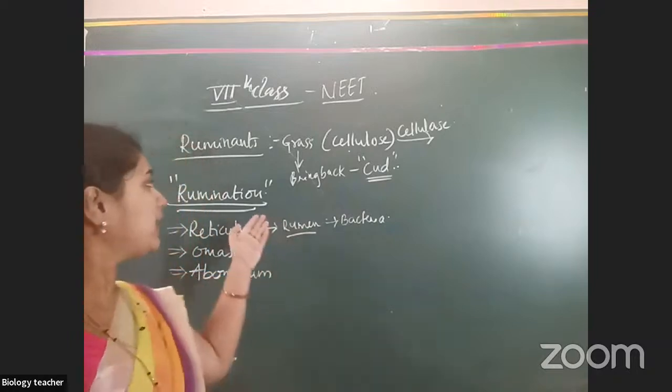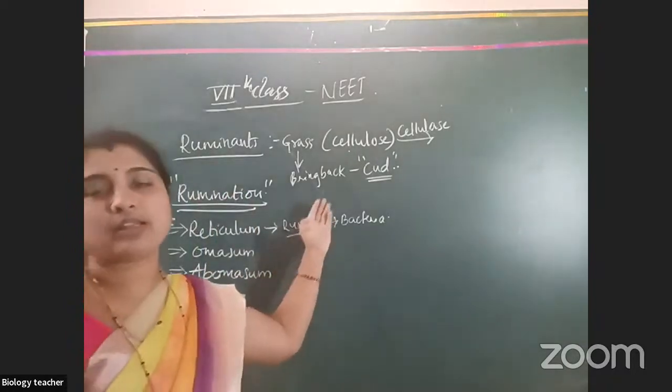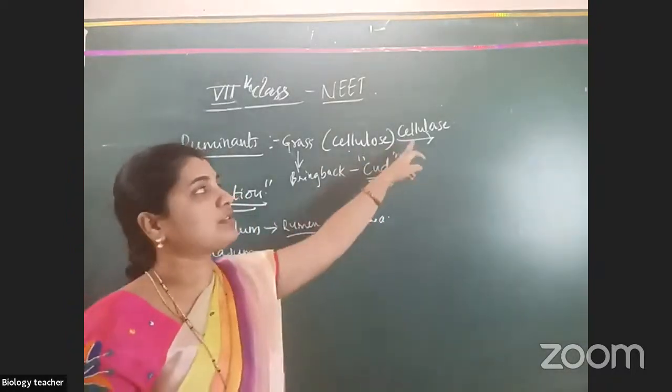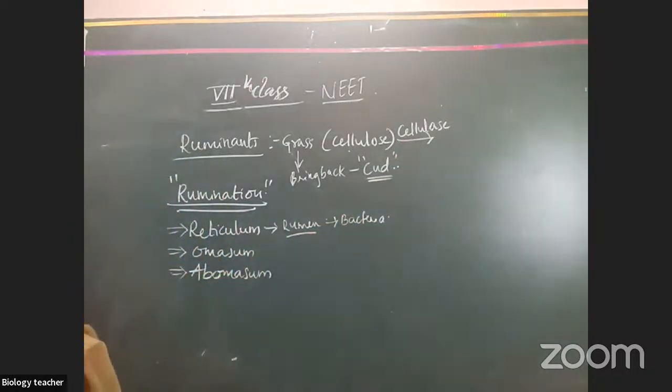So in the body of ruminants, the bacteria and all other things produce the enzyme known as cellulase that digests the cellulose. This is happening in their body.